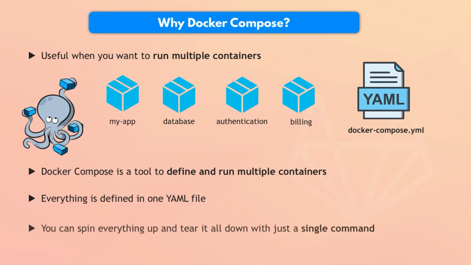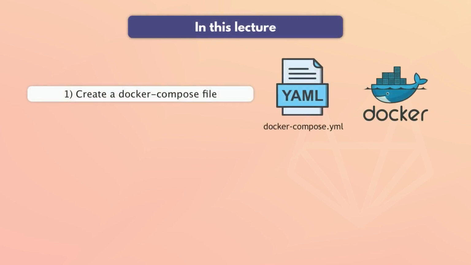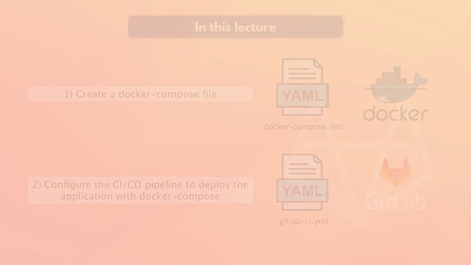And we can just start everything defined in the Docker Compose using one docker compose command. So let's do that for our application. And let's create a docker-compose.yaml file where we configure how our application's container should be run and deploy it using the docker compose command.